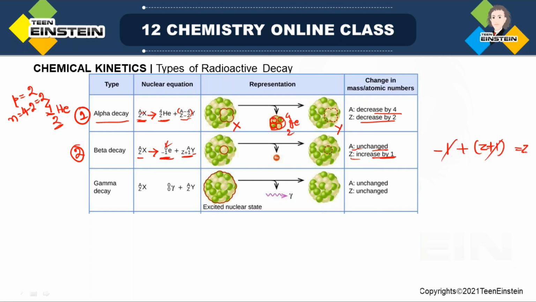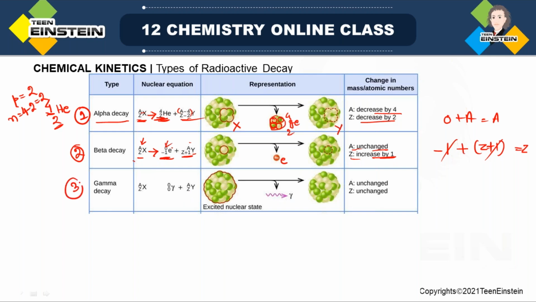You get Z. Similarly, if you add 2 and Z minus 2, you get simply Z, 2 will be cancelled. Similarly, if we add the mass, here mass is 0 and A, so 0 plus A, that is also A. So left hand side we have mass A. Okay, so beta decay is nothing but removal of electron. So this is the electron. Fine.